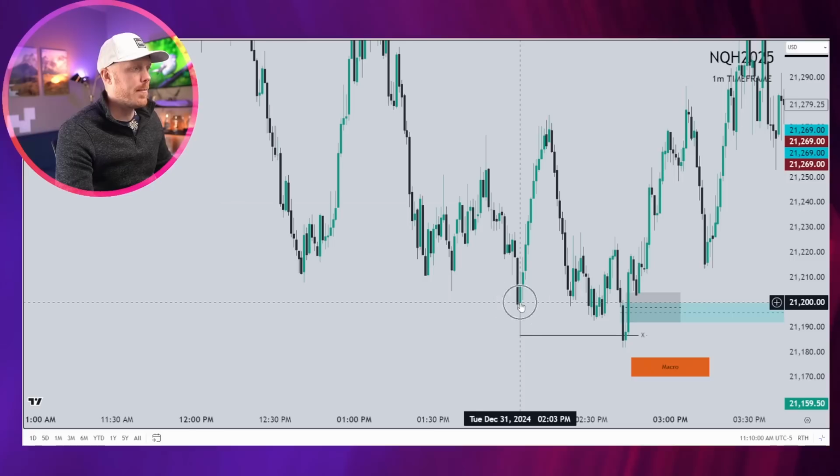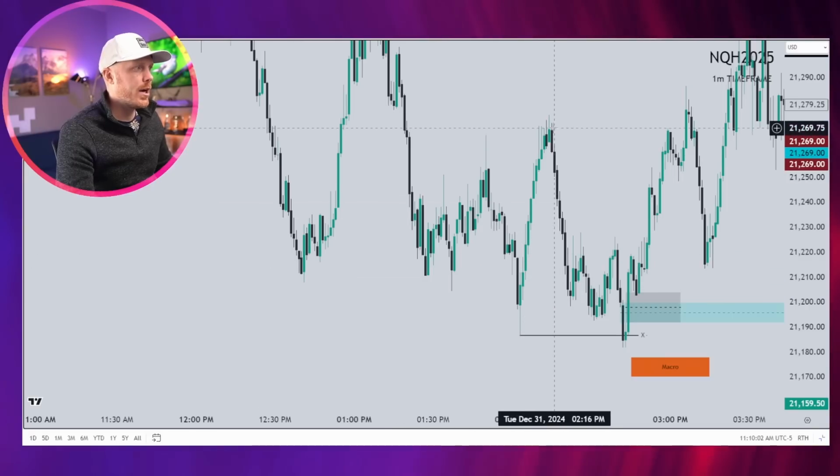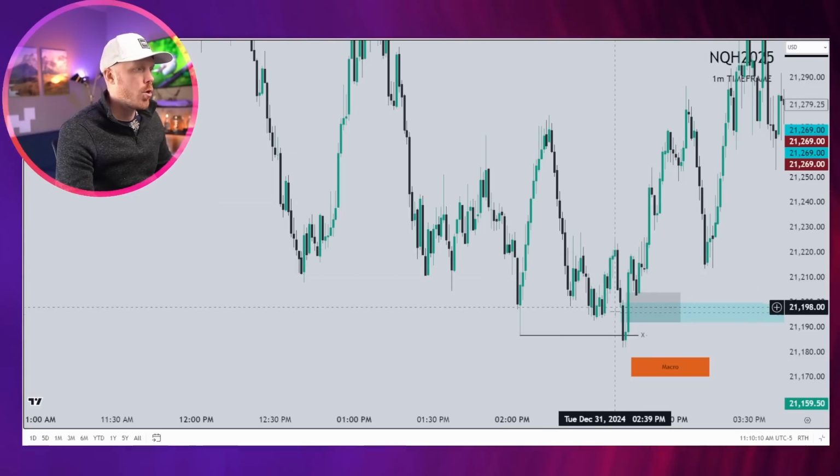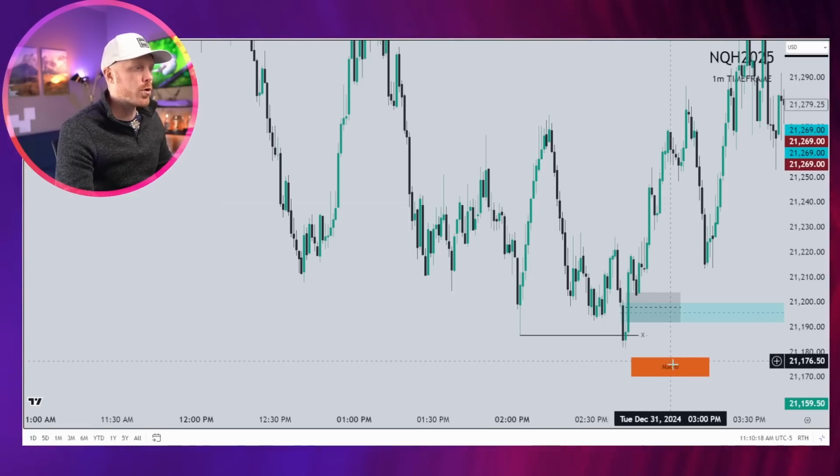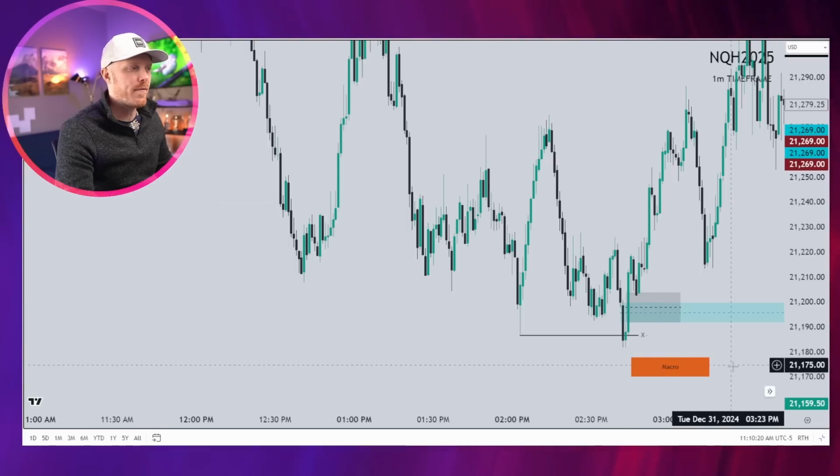This is 2 p.m. We move higher, we grab liquidity, and then we aggressively move lower. We consolidate a little bit, and then right before the 3 p.m. macro, we create the low of day. Now, in all cases that I've seen this, we create the low of day before or during the 3 p.m. macro, but I've never seen it after from the examples I'm sharing with you here today.